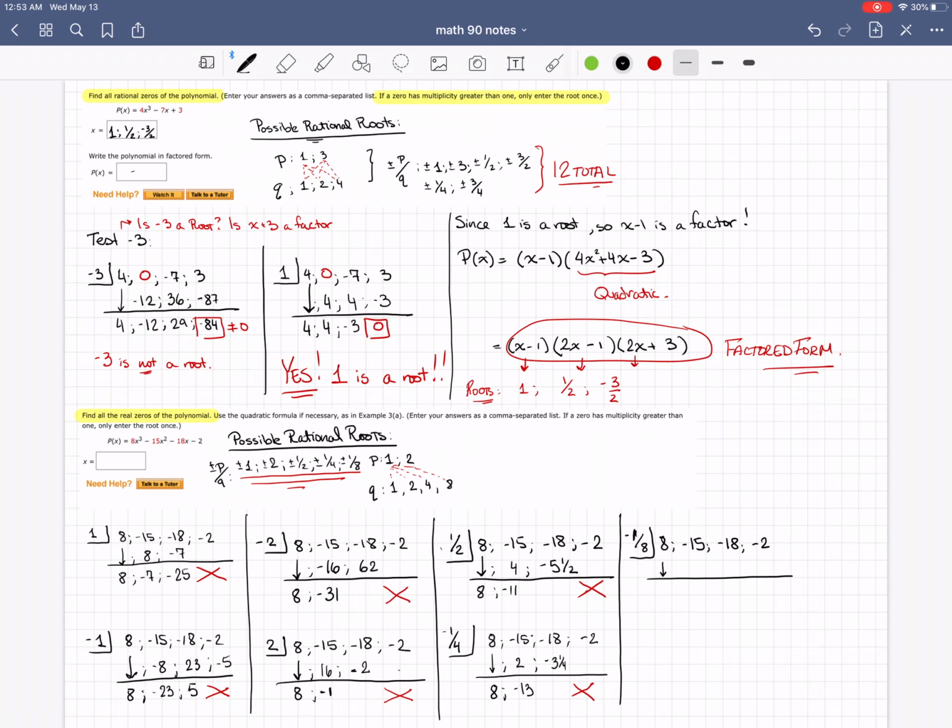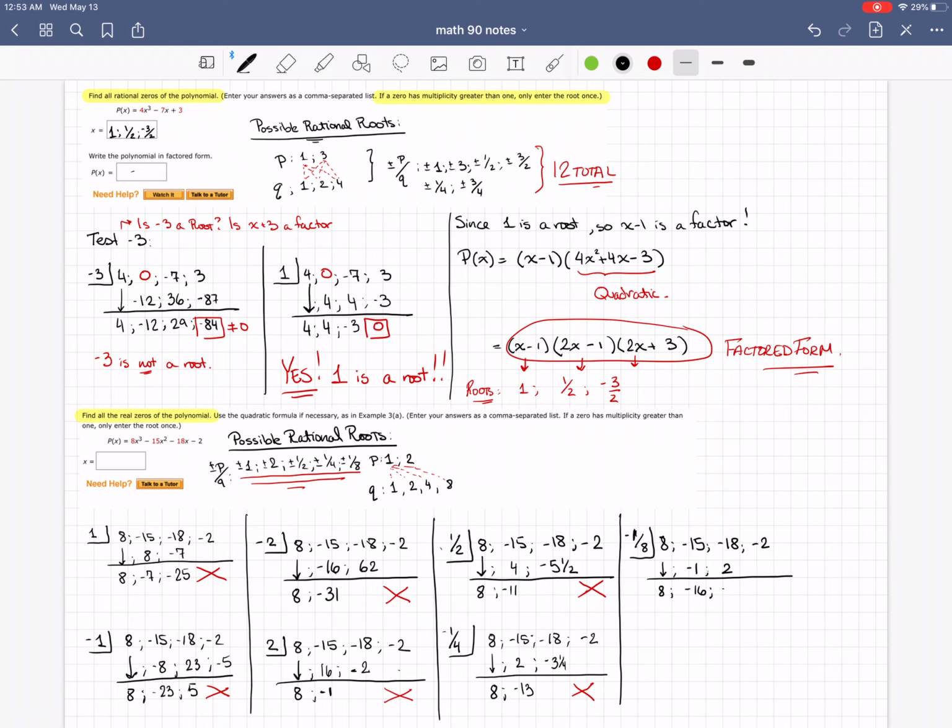Drop down the 8. Okay. 8 times negative 1/8 is negative 1. Add, and we get negative 16. Okay. Negative 16 times negative 1/8 is positive 2.